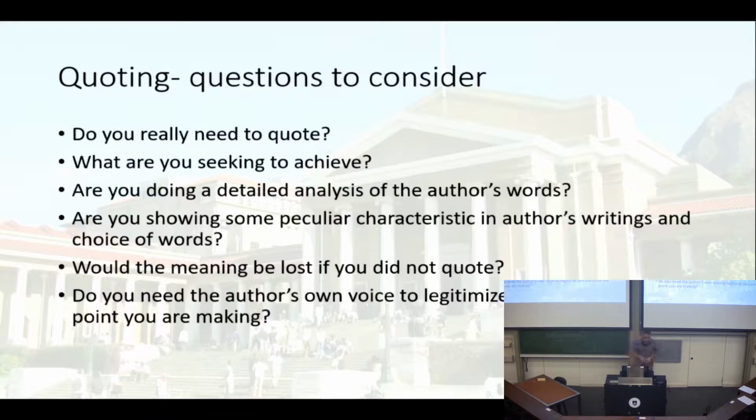Questions to consider, and I think this is very important here. Do you really need to quote? Is this so seminal? Yeah? If you use 2 ideas from the same source following each other, how do you avoid doing an in-text citation at the end of both sentences? It depends on how long the sentence is, and generally do it the first time.